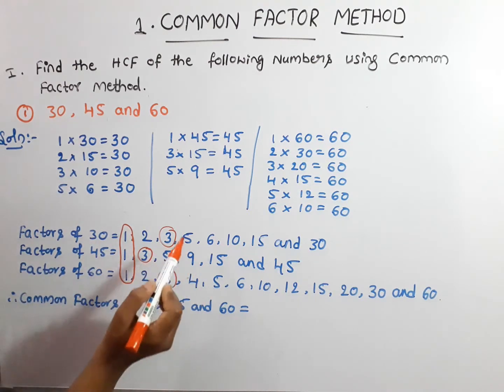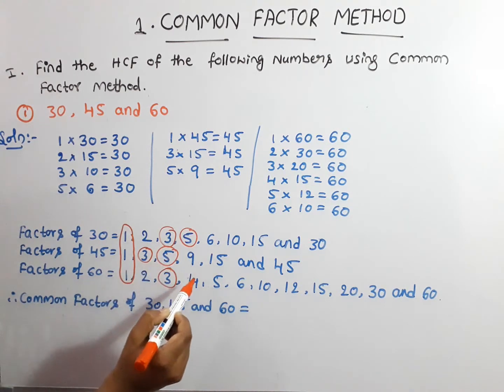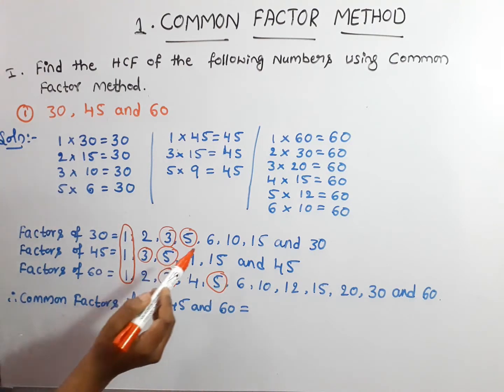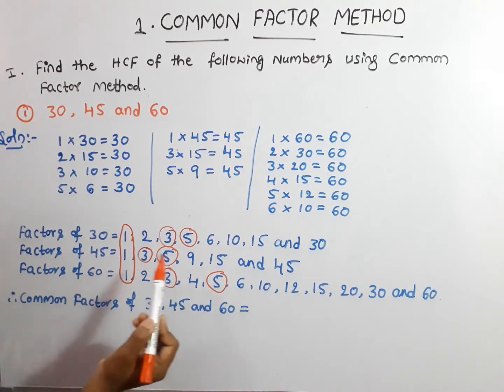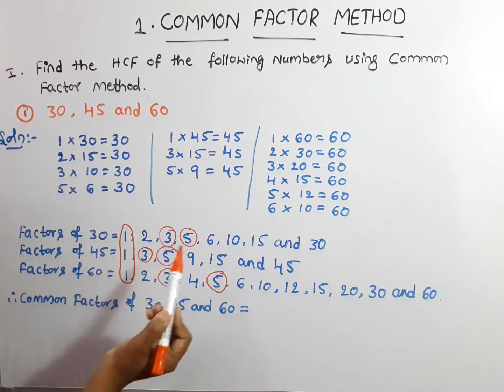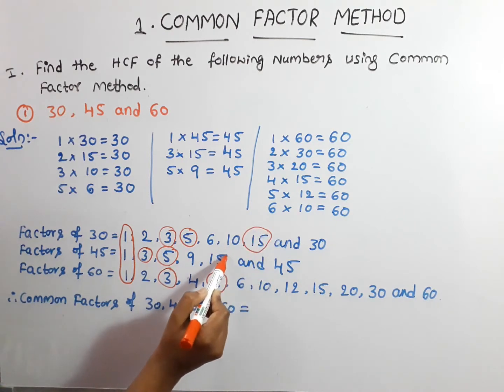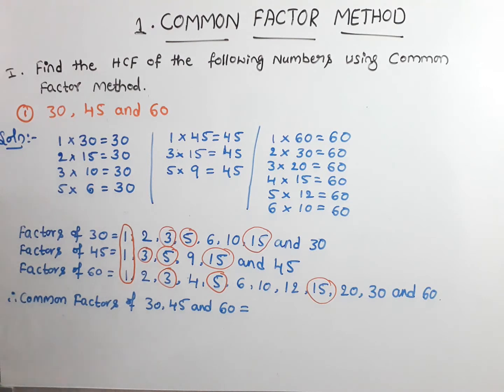Next, check with 5. 5 is also a common factor of 30, 45 and 60. Then check with 6. 6 is only a factor of 30 and 60. It is not a factor of 45. So it is not a common factor. Then this 15. 15 is a common factor of 30, 45 and 60.